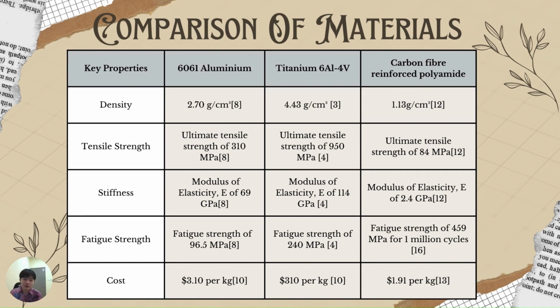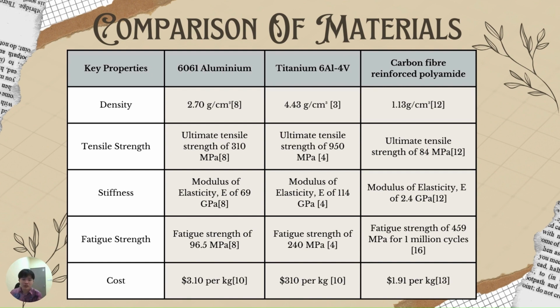It is also known as the aircraft aluminium, and it is one of the most commonly used aluminum alloys in various manufacturing processes, including the making of badminton racket frames, and it consists of approximately 97.9% of aluminum, 1% of magnesium, 0.6% of silicon, and a small amount of copper, chromium, or other elements. And according to my research, it has a density of 2.70 grams per cubic centimeter. This low density results in a lighter weight of component, and it is a good property.